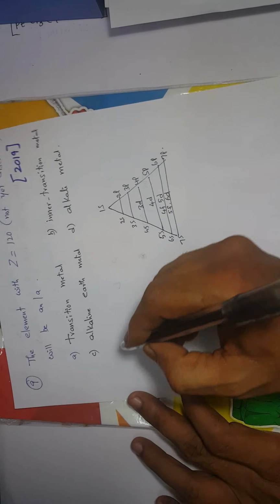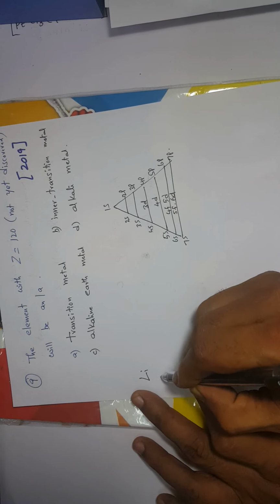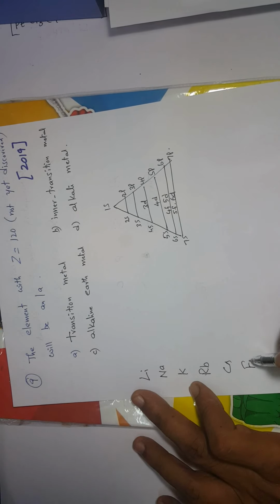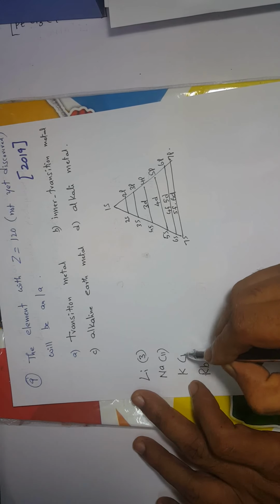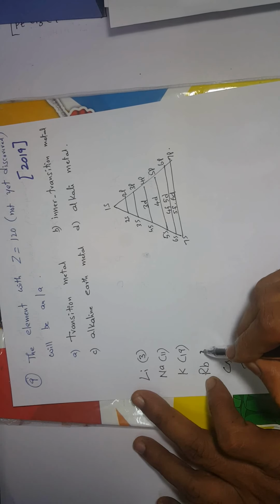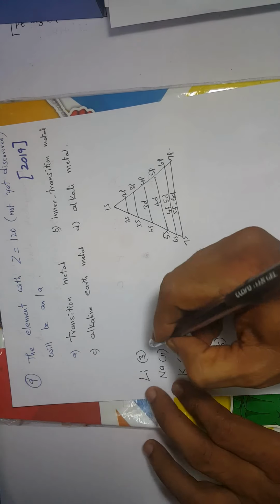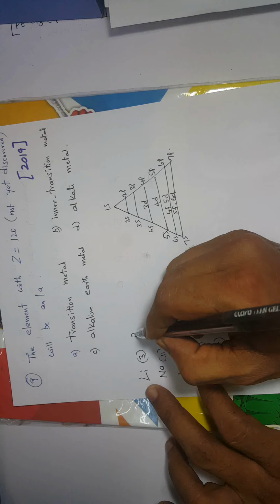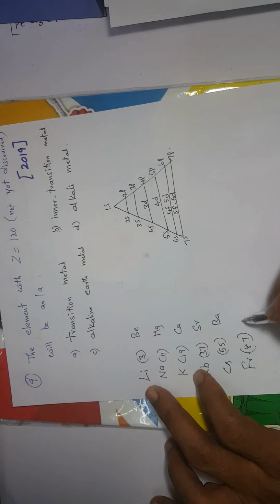Otherwise, another way is, for example, they have given alkali and alkaline earth metals. We can choose easily. Lithium, sodium, potassium, rubidium, cesium, francium. See their atomic numbers. Lithium is 3, sodium is 11, potassium is 19, plus 18 is 37, again plus 18 is 55, and then plus 32 is 87. Then the second group, alkaline earth metals: beryllium, magnesium, calcium, strontium, barium, radium.